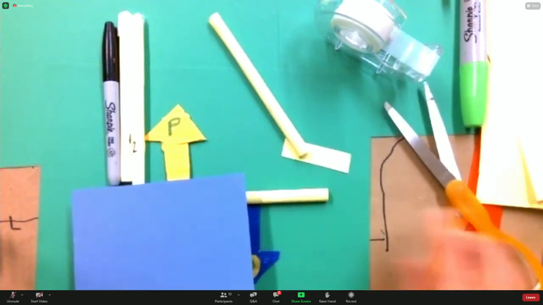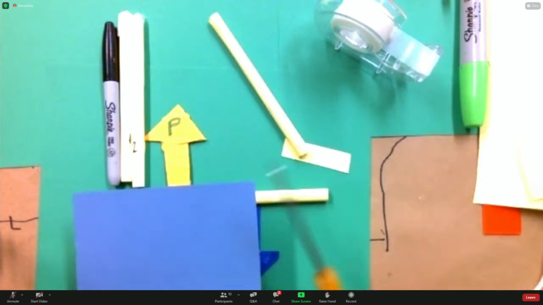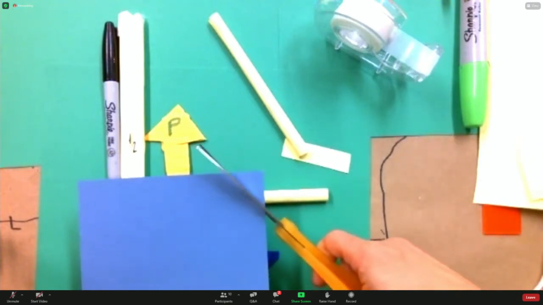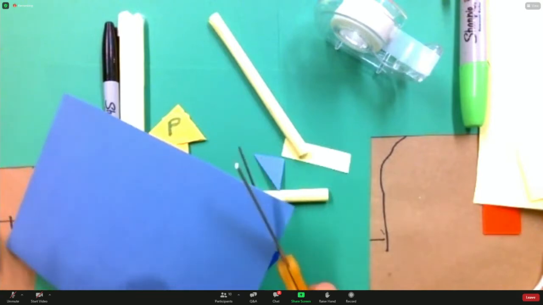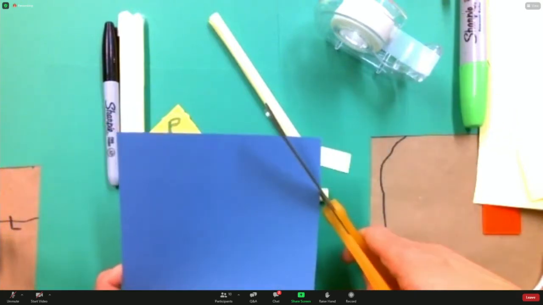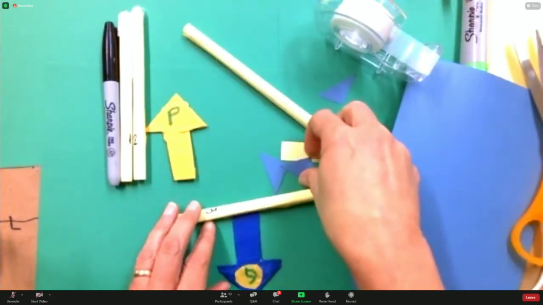And so I had asked you to get a piece of cardstock to bring tonight. And so I'm just going to ask you to chop off 3 corners. Make little triangles. They're right triangles because they're the corner of paper. And these are what we're going to use for our fins.